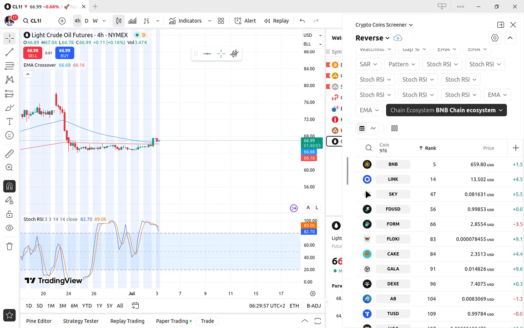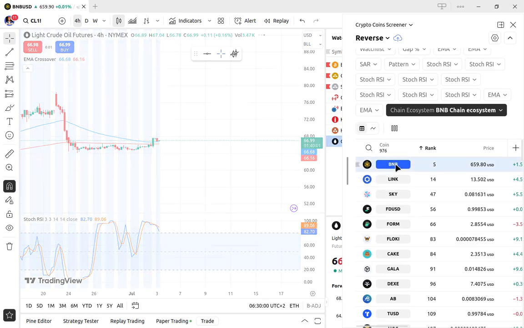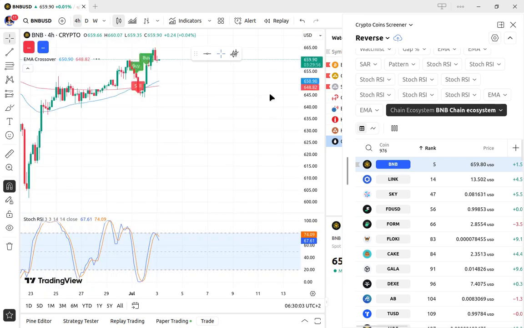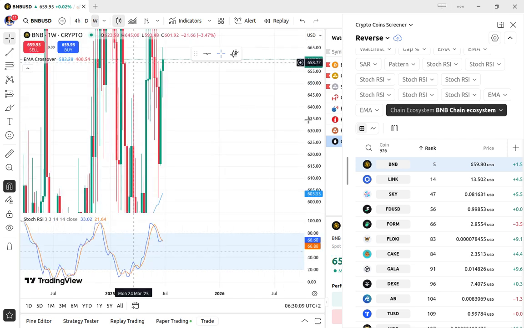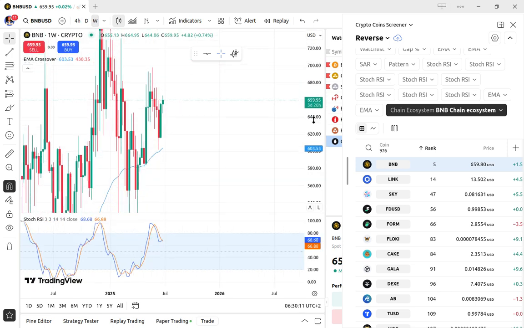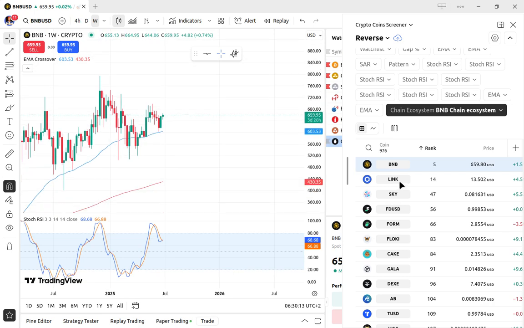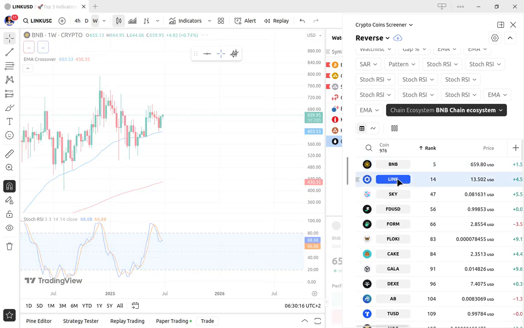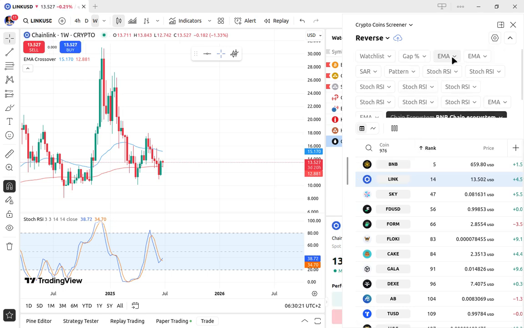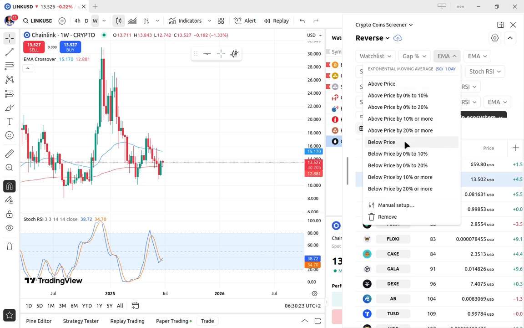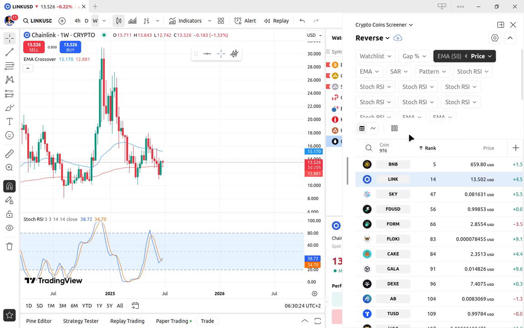All right, so let's see what we have. I think we have 900 coins on the Binance ecosystem chain. Okay, so we can check them out. There's no pressure, so we can say below price.